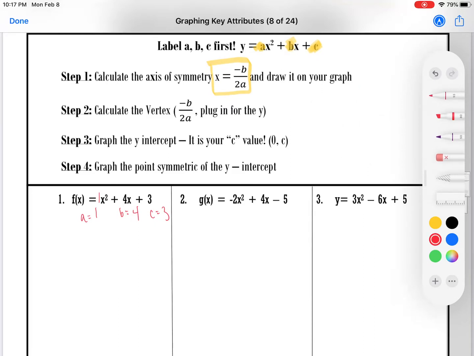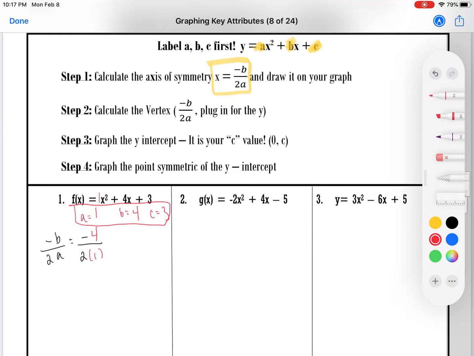So the formula is negative b over 2 times a. My b number, we just said, is the number 4, over 2. And then it says right here that my a number is a 1. So from the beginning, we labeled A, B, and C.